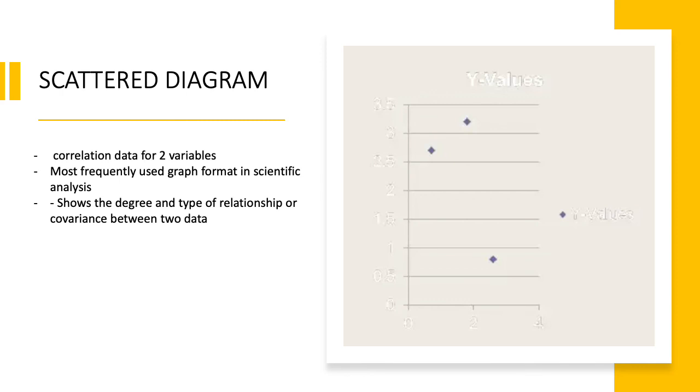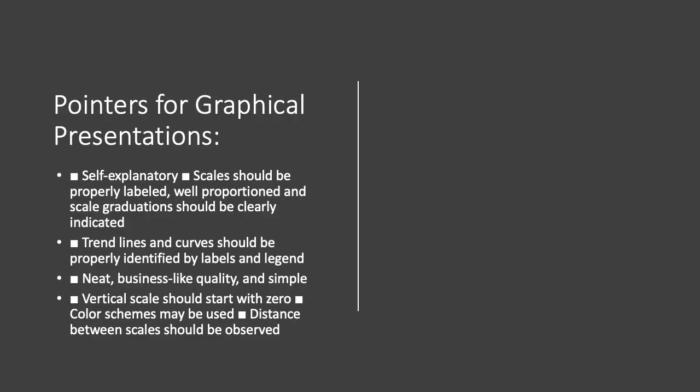We also have a scatter diagram. So usually it has many dots, okay, on a graph with the y values and the x values. Okay, the scatter diagram is for scientific analysis. Okay, so we have some pointers here for graphical presentations.